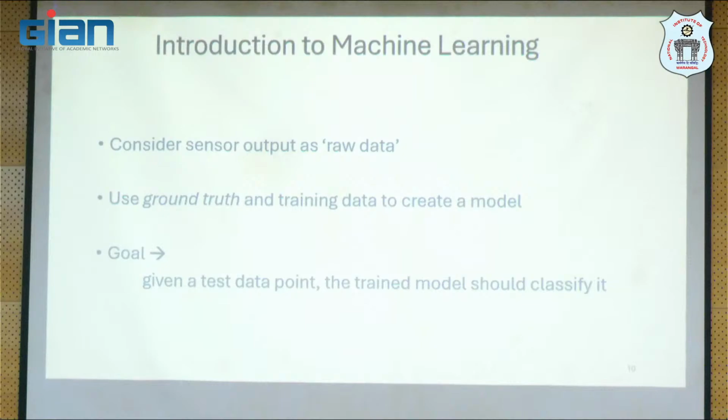Maybe hopefully by Friday we will be familiar with these things, that we can explore that aspect as well. But for now our goal is something simple. Given a test point, I want a black box, a machine learning model, to say whether this would be a healthy test point or a faulty test point. That's all we are trying to do. And this is the objective of machine learning models in general, as an overview.